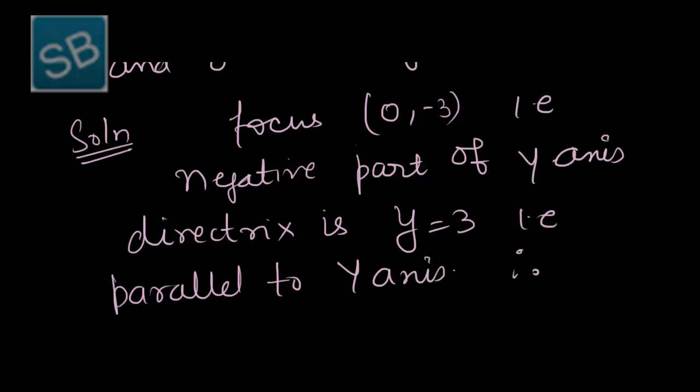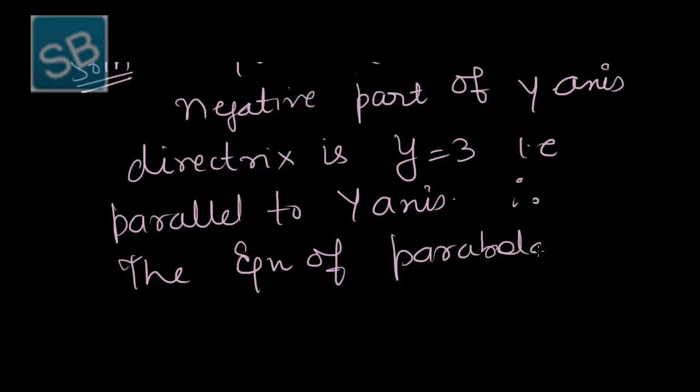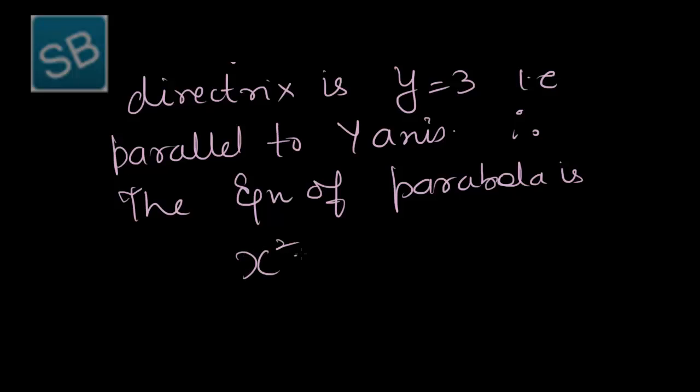Therefore, the equation of parabola is x square is equal to minus 4by.